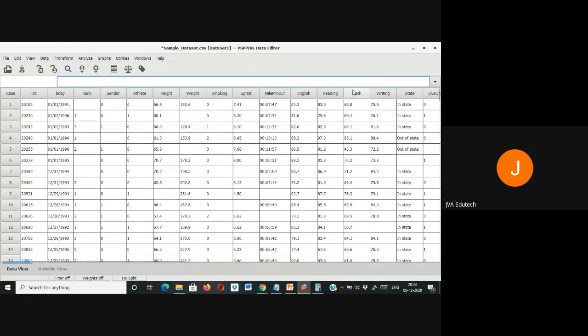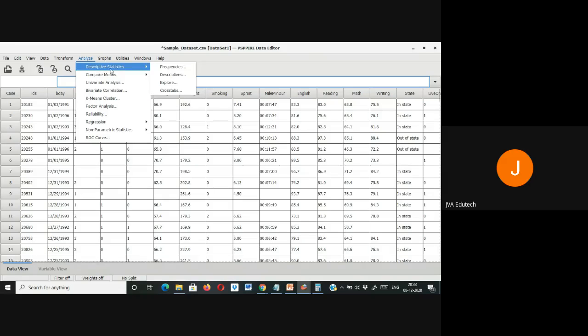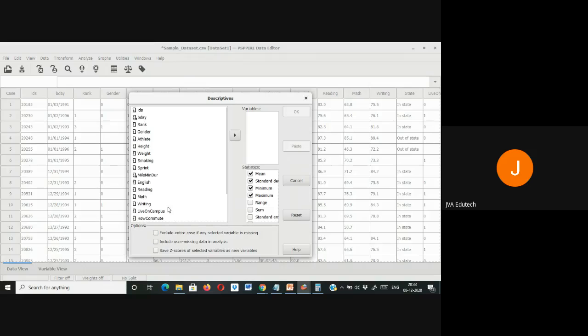Now, just go for descriptives. Analyze, descriptive statistics, and go for descriptives. So English and mathematics. Exclude entire case if selected variable is missing. Leave it, nothing to worry about.